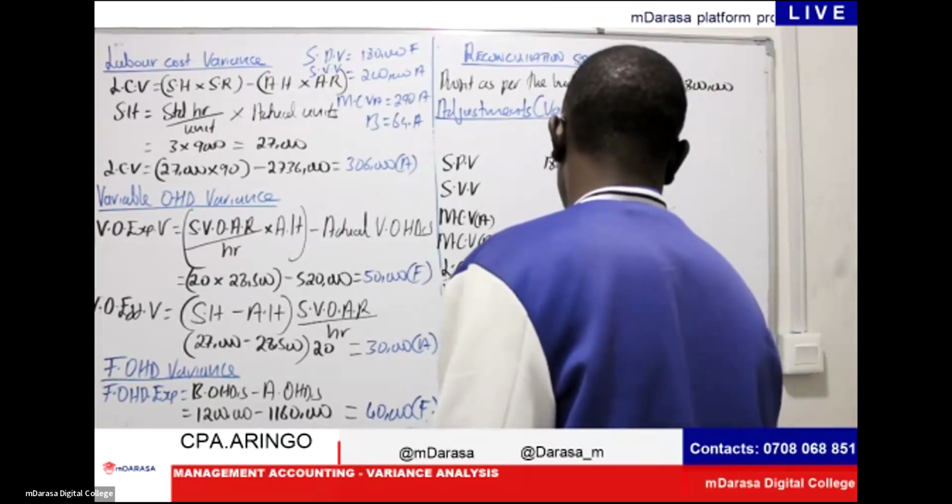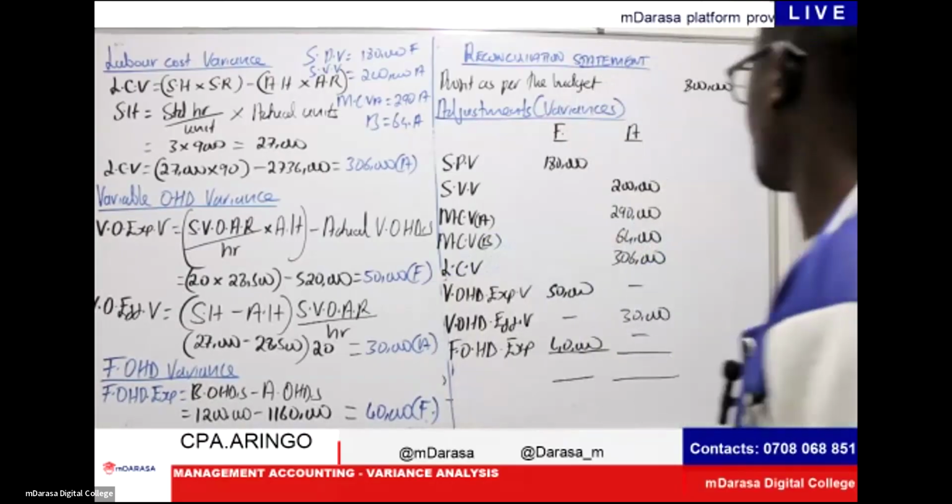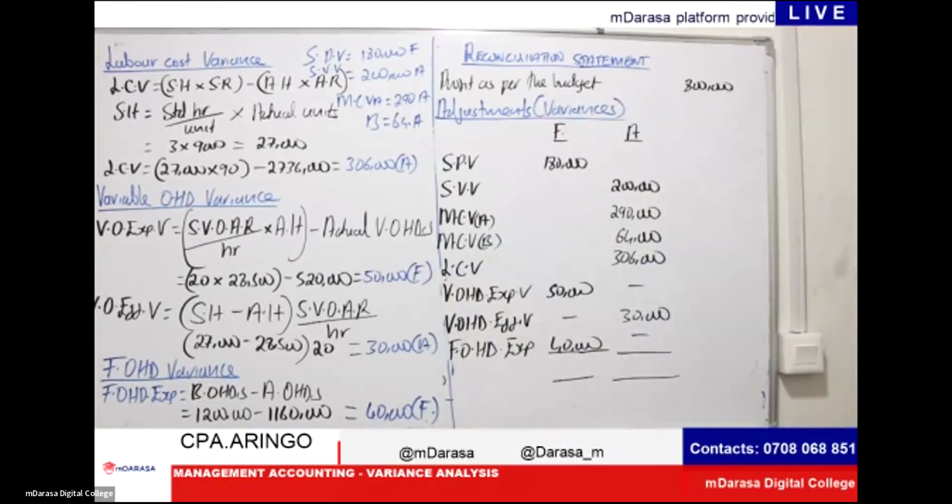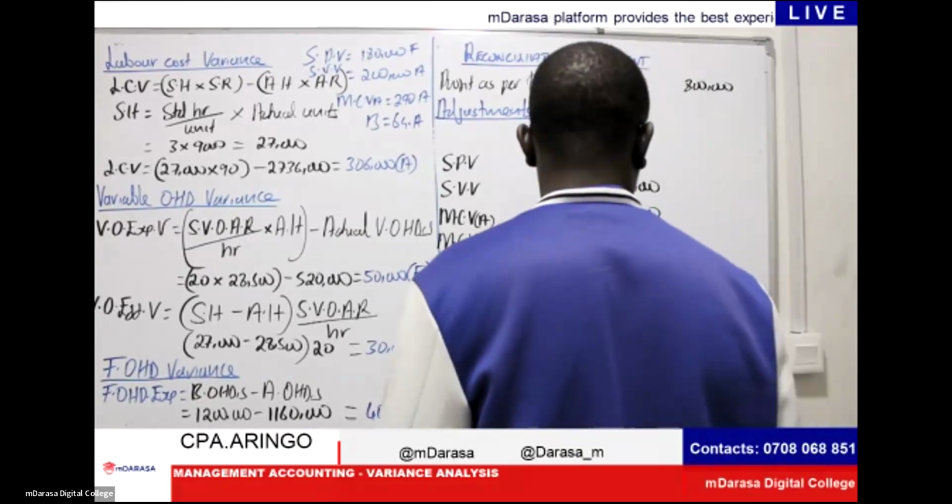So, sum for Mwalimu all this data. 200 plus 290 plus 64 plus 306 plus 30, which in this case, I'm getting 890.